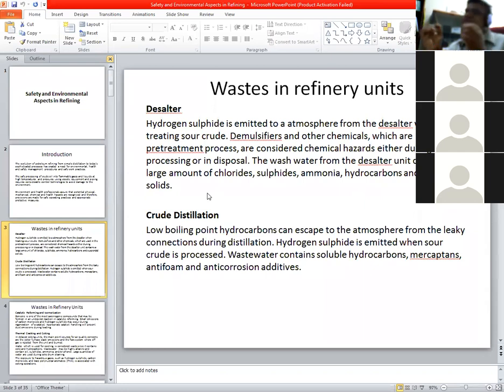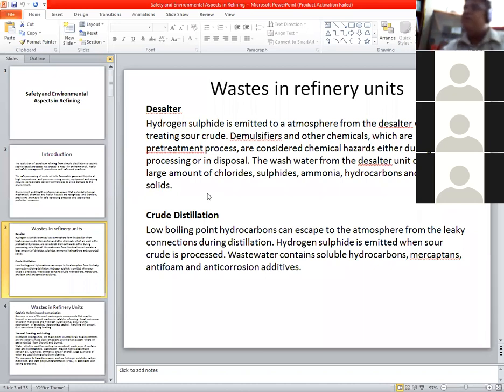Due to high temperature, the gaskets, the materials between piping or equipment connections to tighten the joints, can leak, and some low boiling point hydrocarbons can escape to the environment.